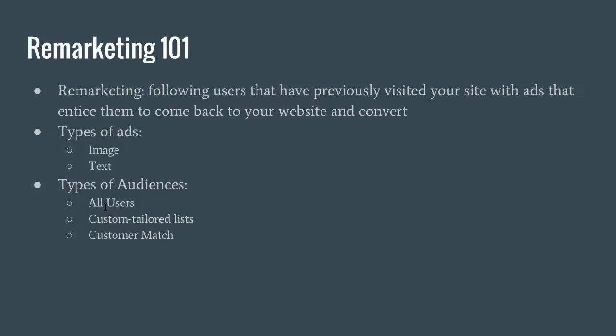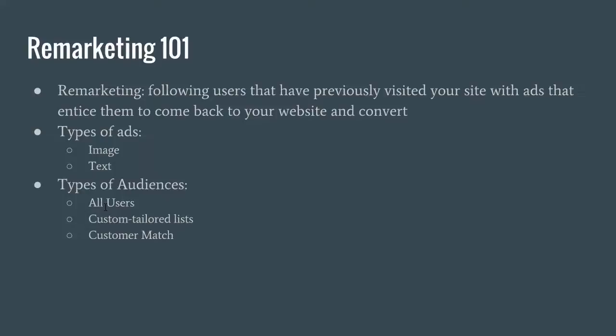And then the last option you have here is something called customer match, which was actually introduced quite a while ago, but they've been starting to ramp up their setup on customer match, and the whole system has gotten better as of late.